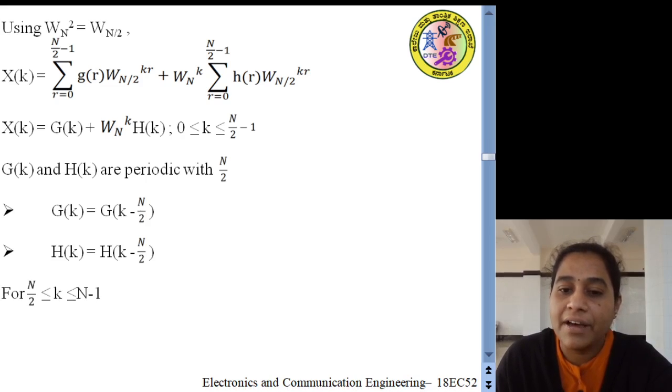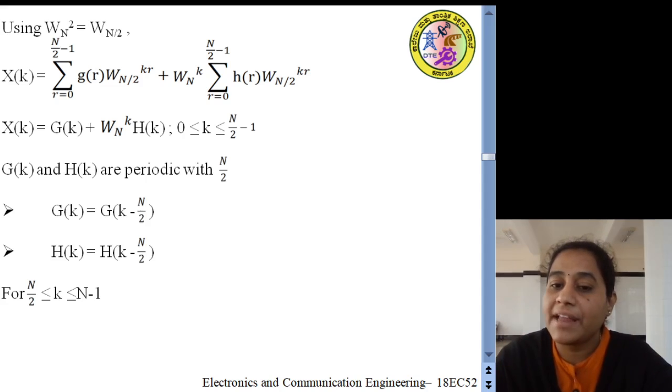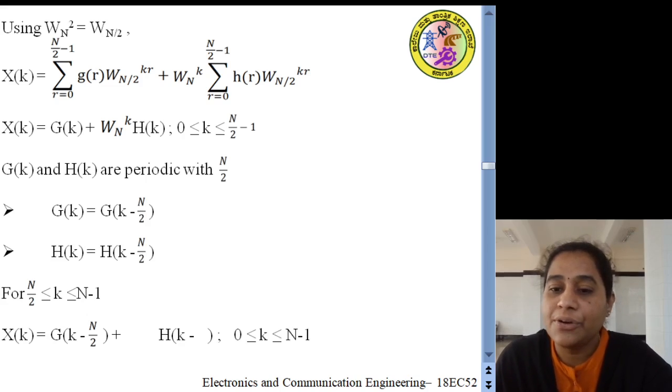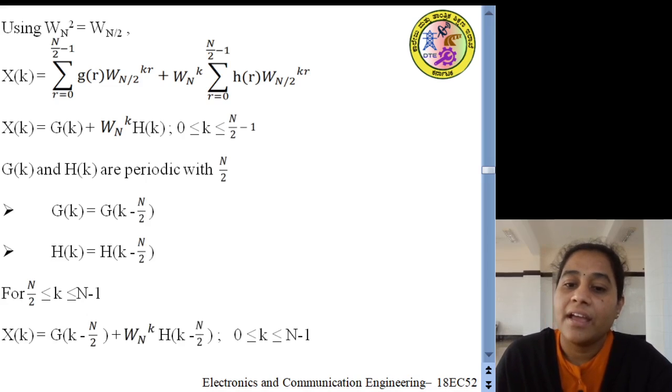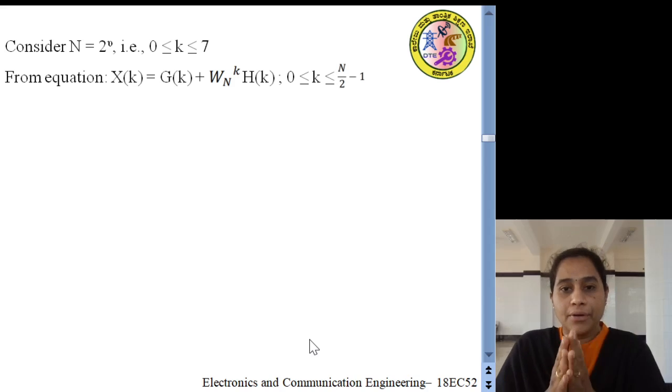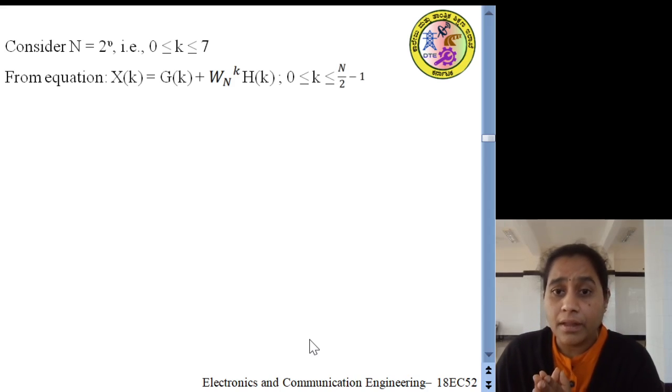So for the value of k varying from N/2 to N minus 1, that is the last half, X(k) can be written as G(k minus N/2) plus W_N raised to the power k into H(k minus N/2), for k varying from N/2 to N minus 1.